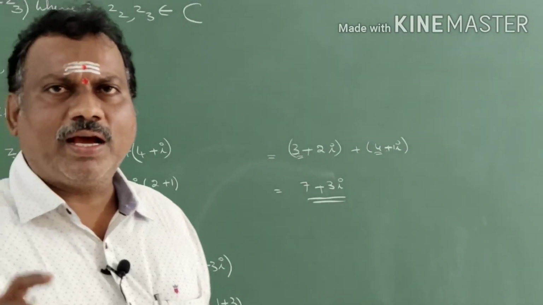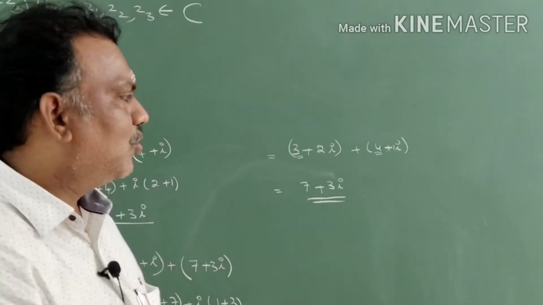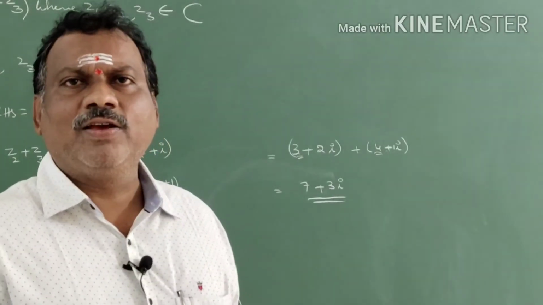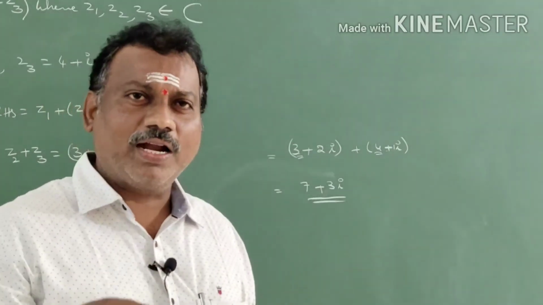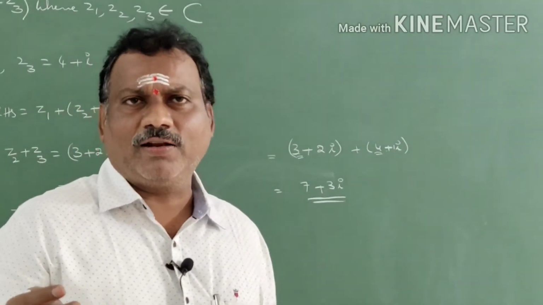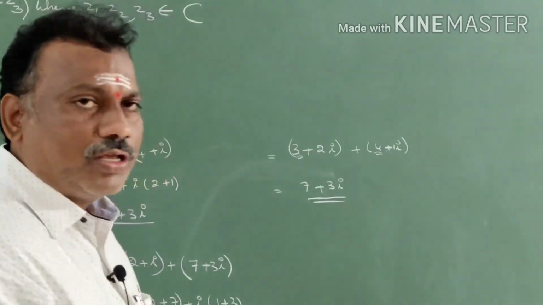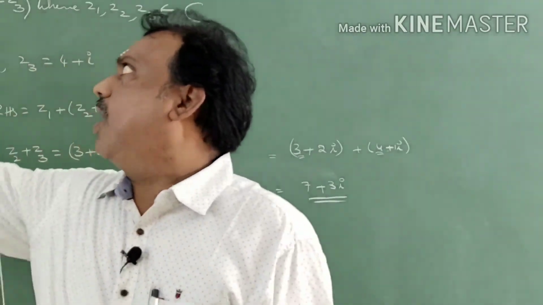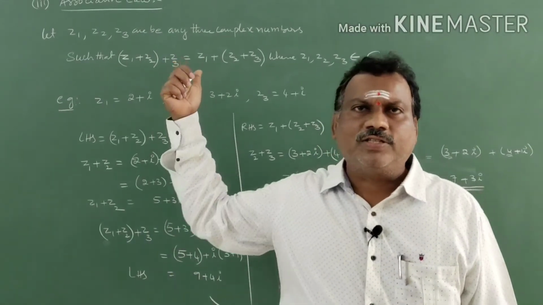Because when fractions come, it is difficult to add directly. That's why we go with sum of real parts plus i times the sum of imaginary parts. So we completed the associative law. Complex numbers satisfy the associative law.